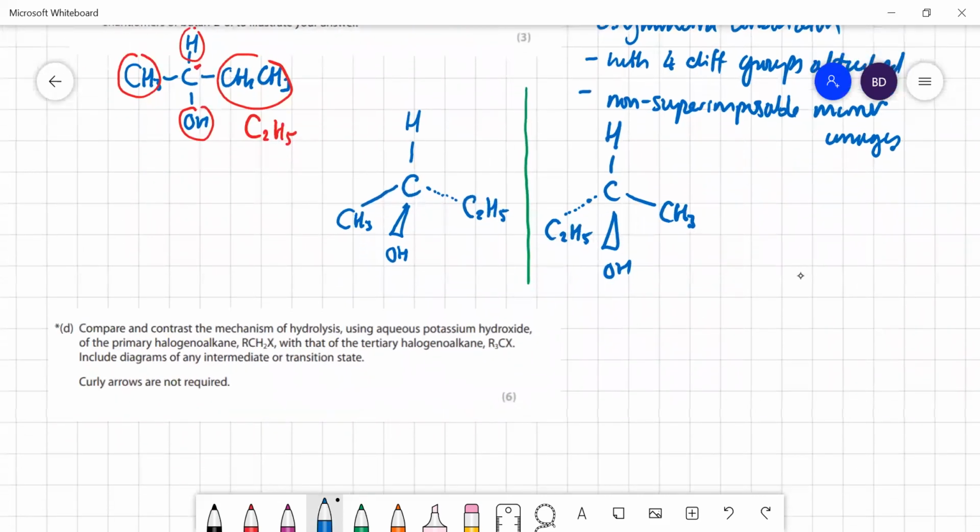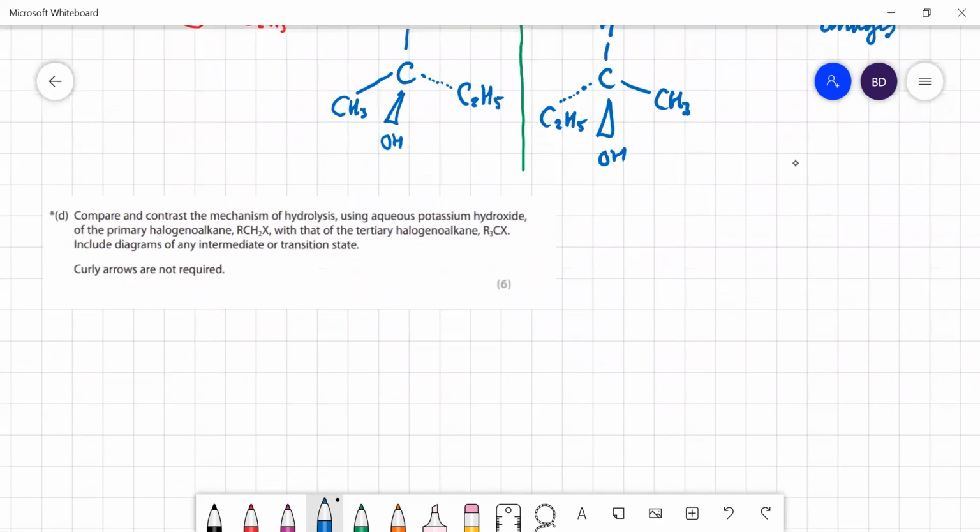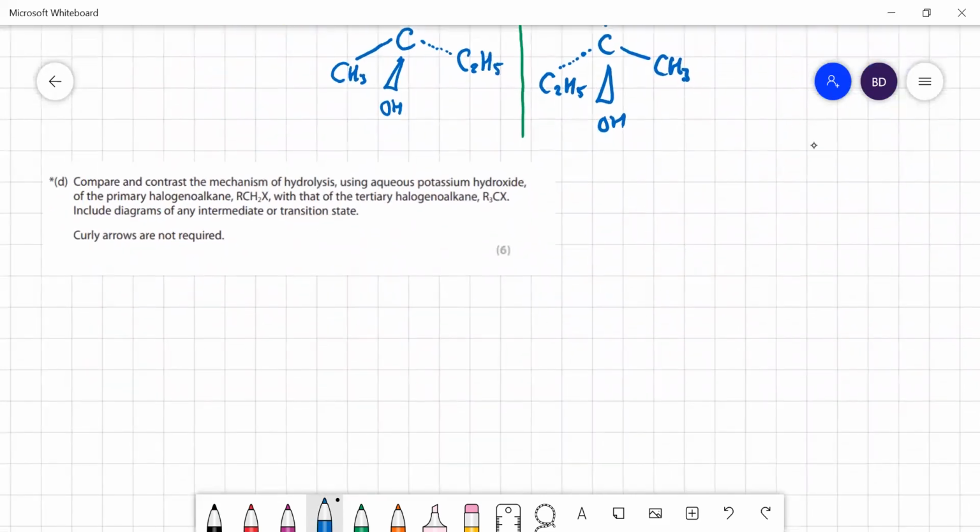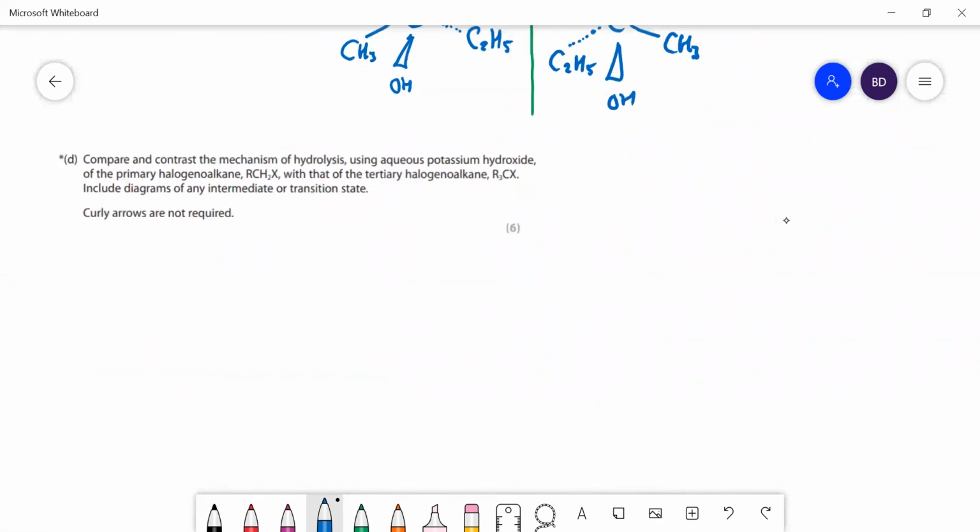Okay. Now, a 6-mark question here. Compare and contrast the mechanism of hydrolysis using aqueous potassium hydroxide of the primary haloalkane, RCH2X. So let's draw that. With the tertiary haloalkane, so it's got 3 alkyl groups.